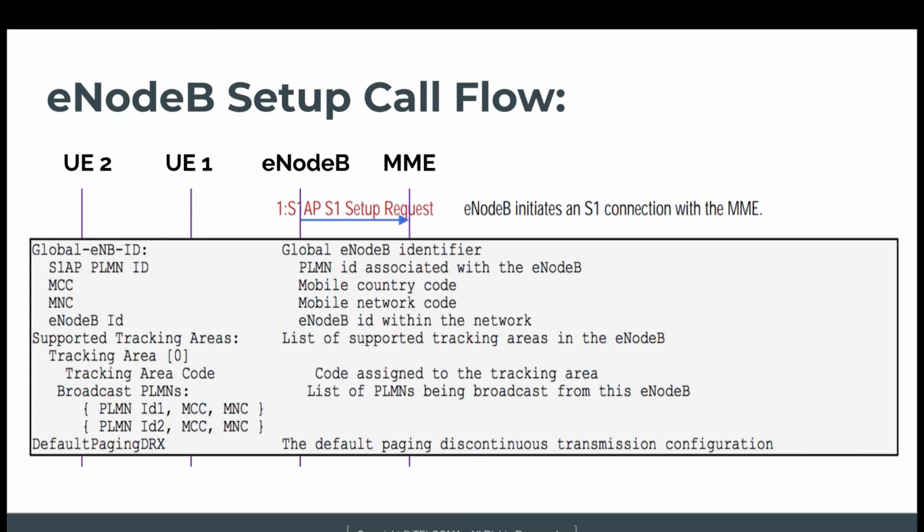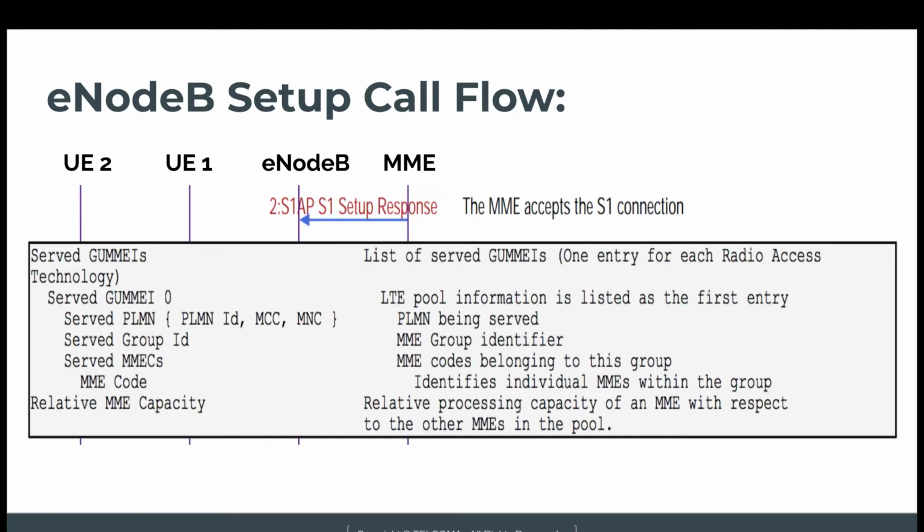This is the information shared by the eNodeB to the particular MME in which it is present. In response to this request, the MME sends the S1AP S1 setup response message. Here the MME accepts the S1 connection. In this message, the MME provides the list of served GUMMEI, that is the globally unique MME identifier.